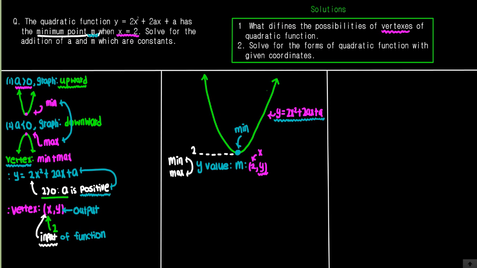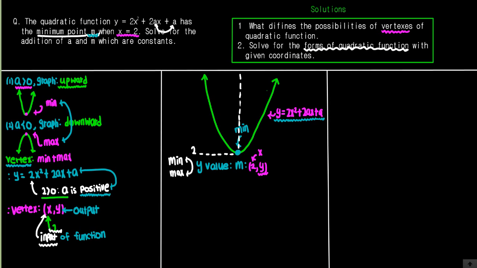But we need to think about what the y value is, which is the height in the quadratic function. If we input 2 as our x value, we get blocked because we have the unknown variable a. So we need to convert this into a specific form of quadratic function using the given coordinates.